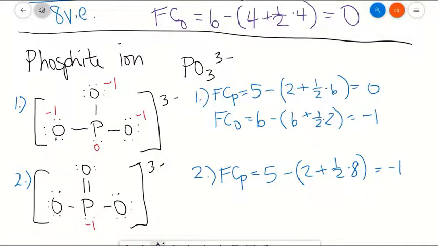Now in this case, we have 2 different oxygens. So 2 of them have single bonds, and then 1 of them has double bonds. So we're going to calculate formal charges for oxygens 1 and oxygens 2. So this guy here is 1, 1, and this guy is 2.